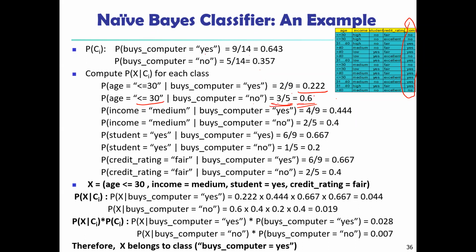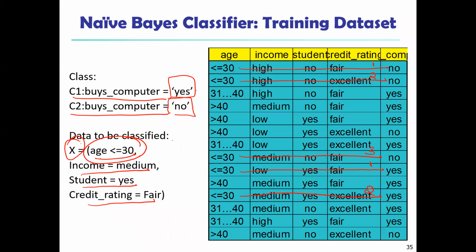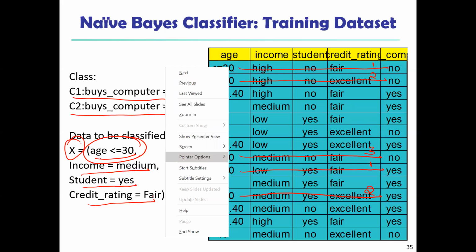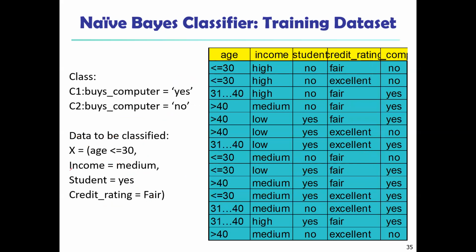In the same way, find out for income. For income medium, how many yes class labels are there? How many no class labels are there?